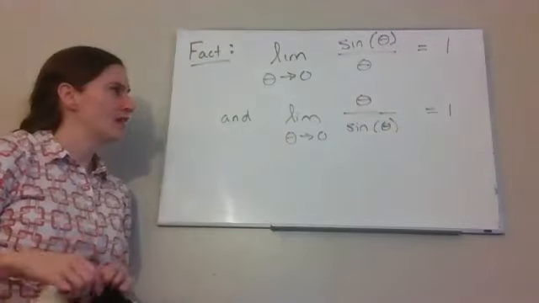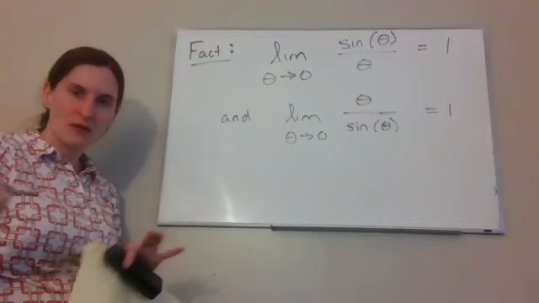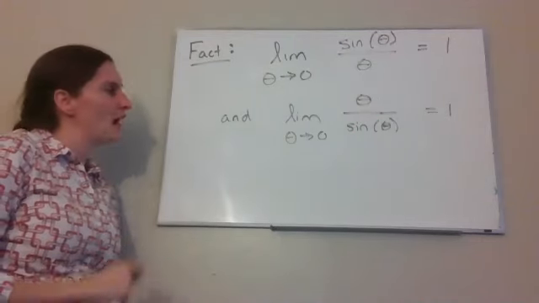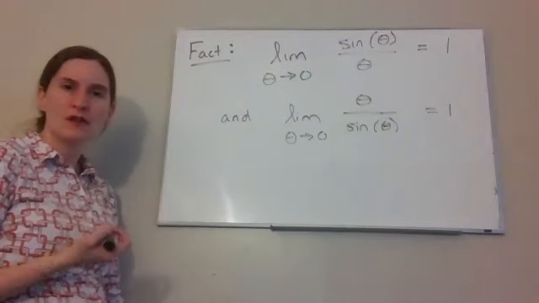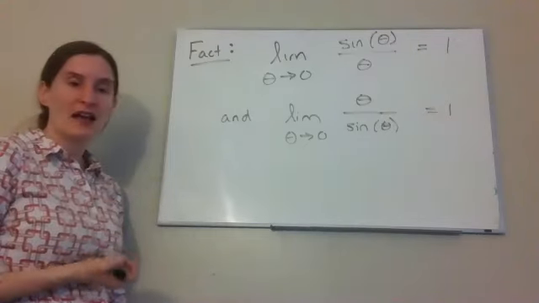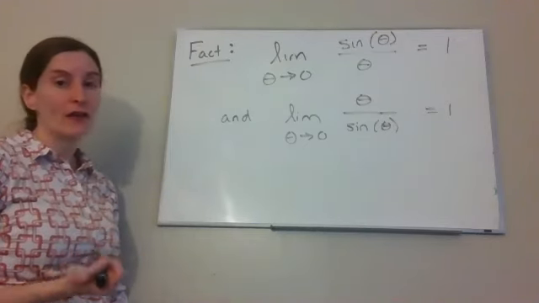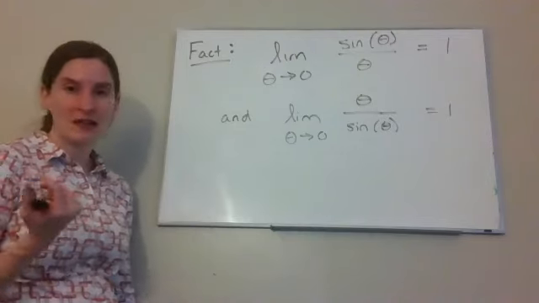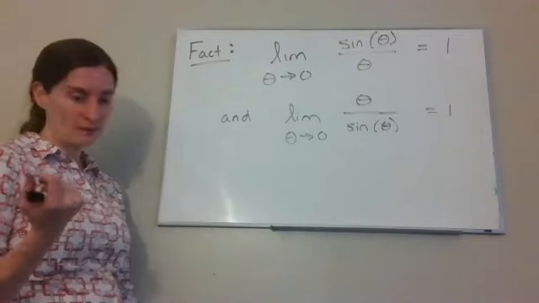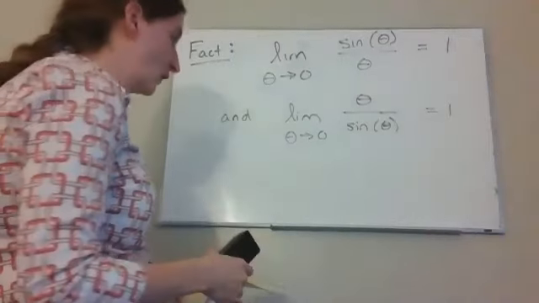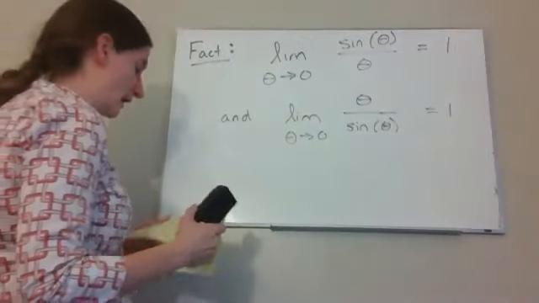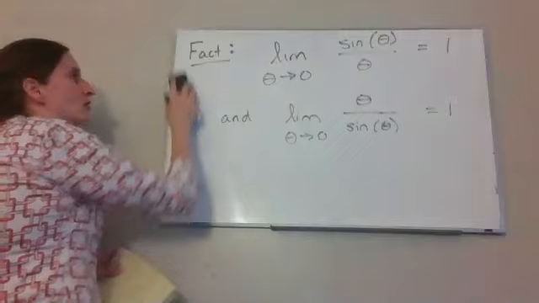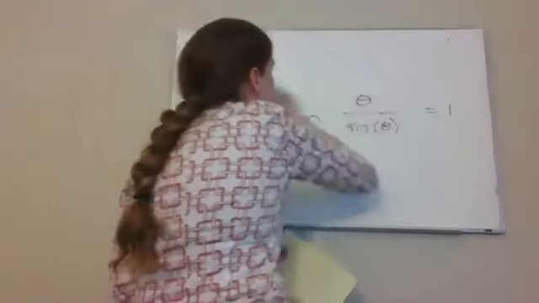So all that this is saying for an intuitive purpose here is that when we get really, really close to 0, the angle and the sine of the angle are very, very close to each other. So you end up getting a ratio that gets closer and closer to 1. This fact is used all the time in calculating limits. And I'm going to do our first example using this fact now.